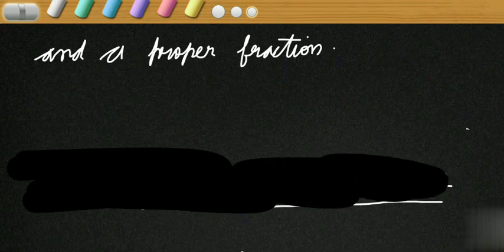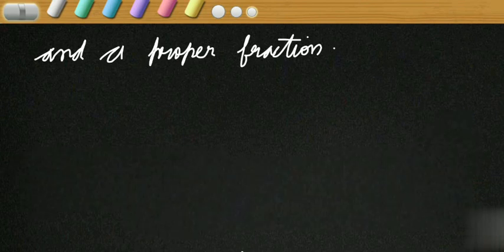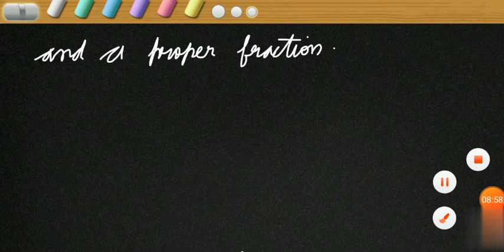Okay, what is the meaning of mixed number? Yes, mixed fraction or mixed number. Yes, it is a combination of a whole number and a proper fraction.